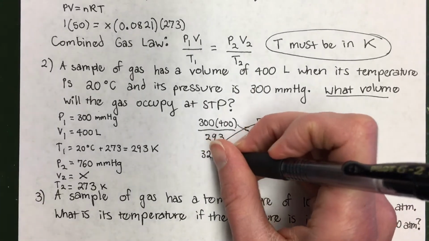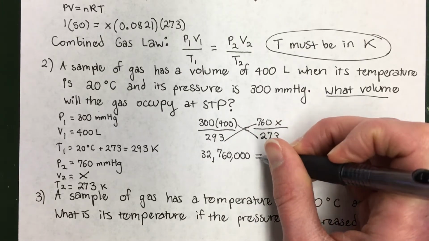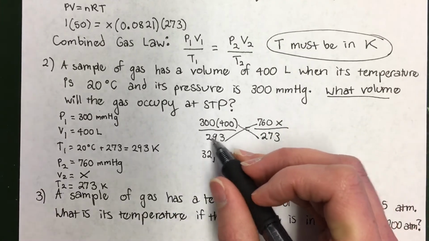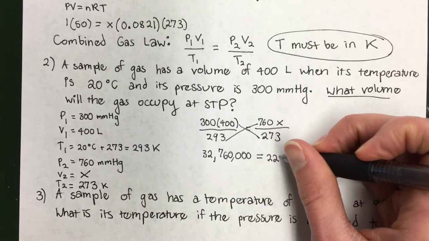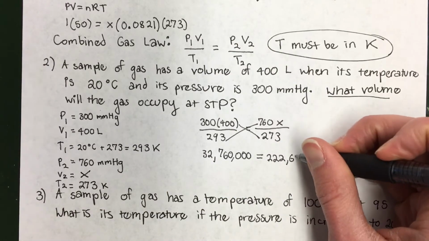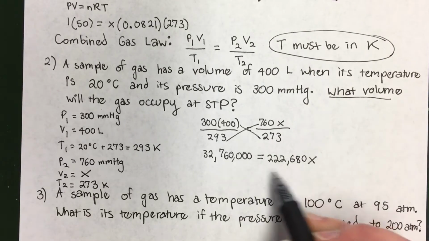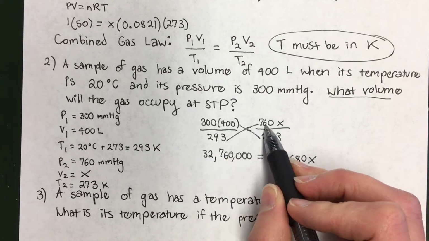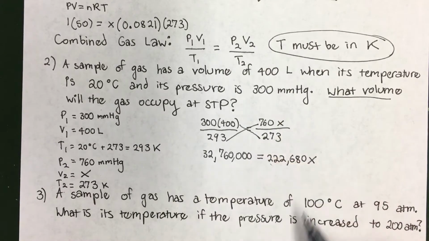It's 32,760,000. I calculated this in advance. Don't worry, I'm not doing this in my head. 293 times 760 is 222,680x. So this number is 293 times 760. This number is 273 times 300 times 400.